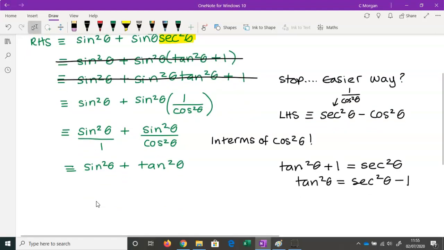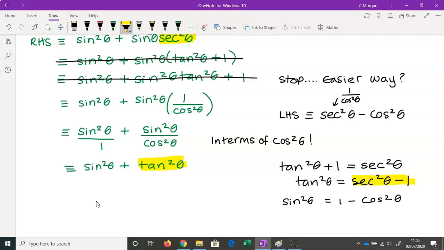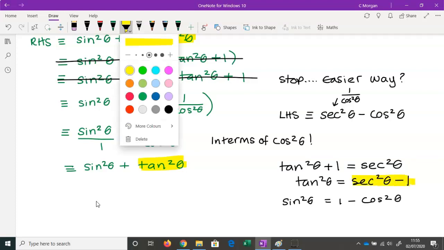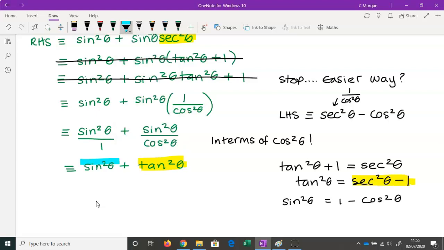I also know that sine squared theta is the same as 1 minus cos squared theta. So by making a substitution for tan squared theta as sec squared theta minus 1 and sine squared theta for 1 minus cos squared theta, I'm noticing now that I can write the right-hand side in the way that I actually want to.